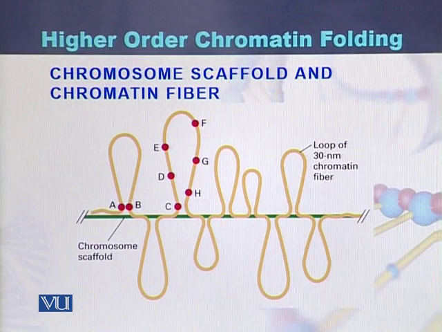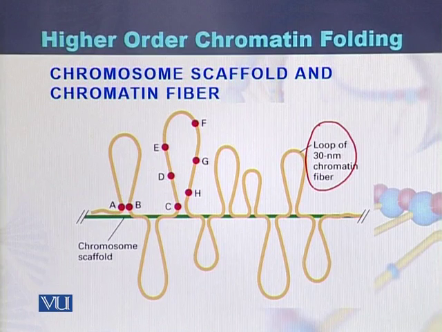Once the 30 nanometer chromatin fiber is produced, which was formed by joining the nucleosomes with each other, that chromatin fiber forms the chromosome scaffolds.